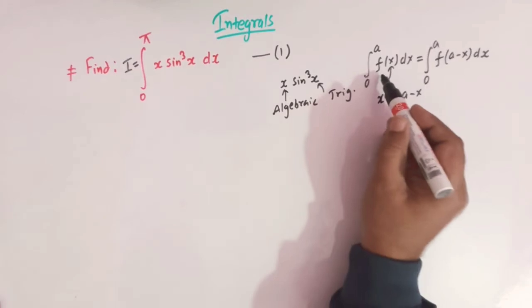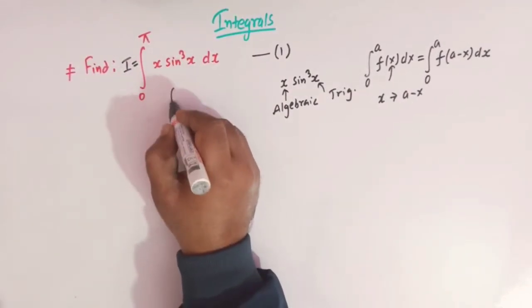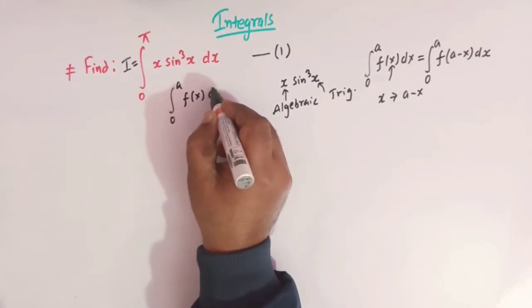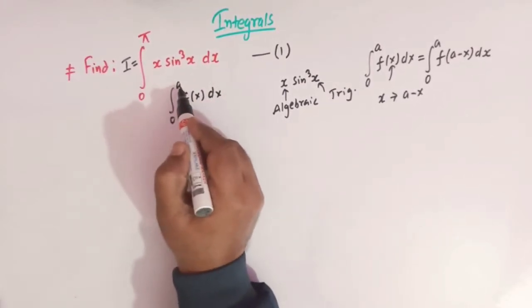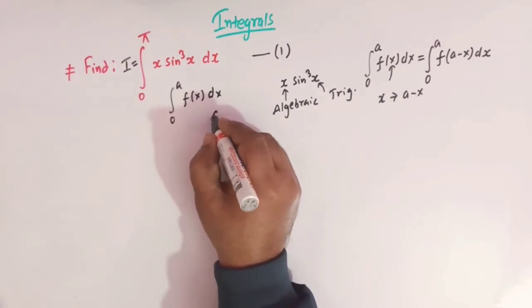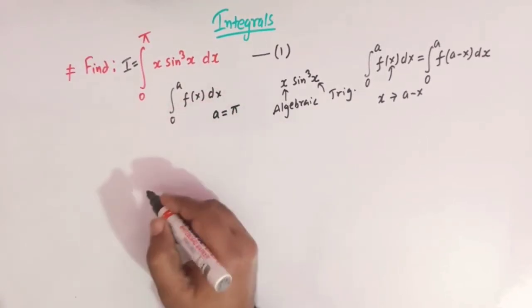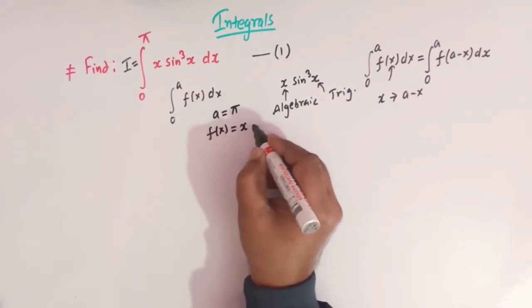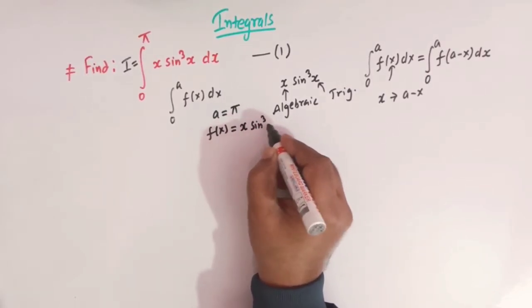If we compare this integral with the integral from 0 to a of f of x dx, we see that a, the upper limit, is pi, and f of x is the product of x and sine cube x.